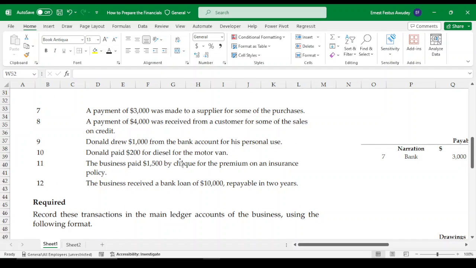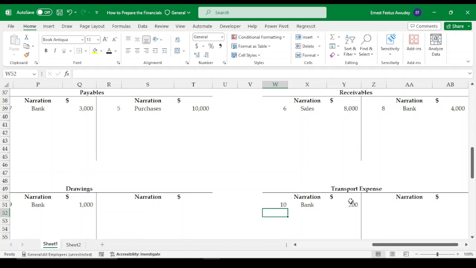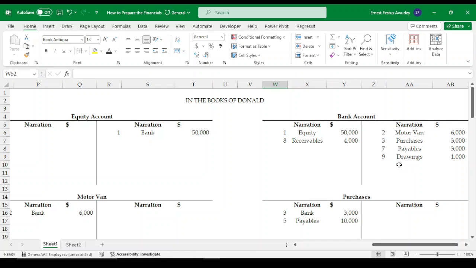All right, because the transaction is silent on whether the payment for the diesel was made by cash or by check. But since most of our transactions are being made from our bank account, we assume that we are paying that using check. All right, so that is it, and the corresponding entry is going into our bank account.